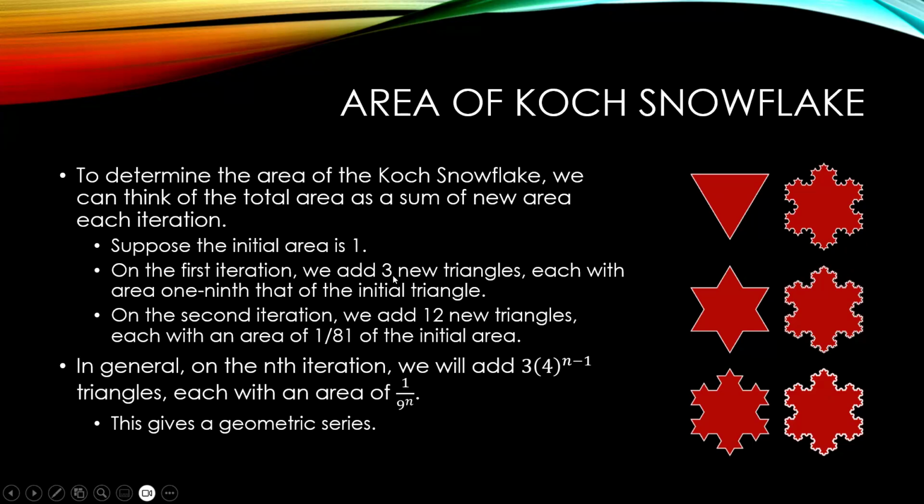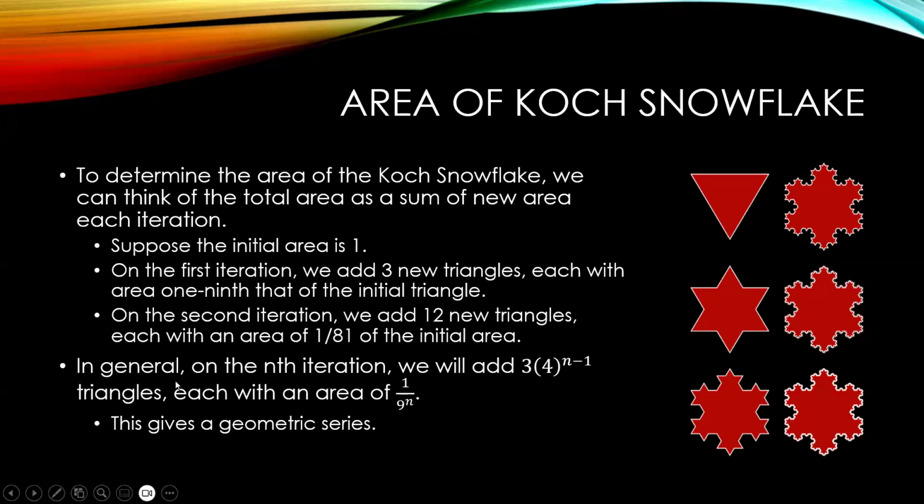On the first iteration, we had 3 new triangles. Looking at this, it'd be 1, 2, 3 new triangles, each with an area of 1/9 of your original triangle. On the second iteration, we introduce 12 new triangles, each with an area of 1/81st of your initial area.